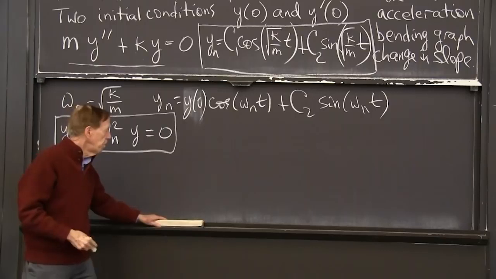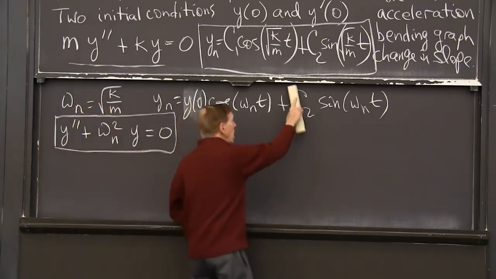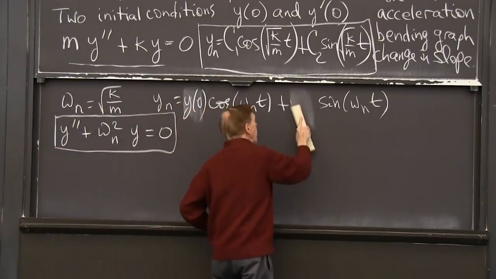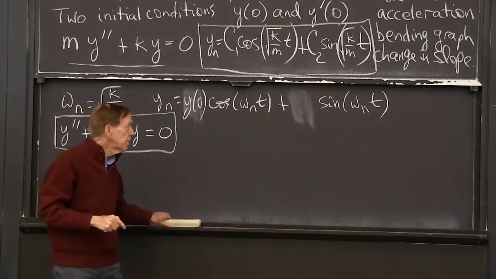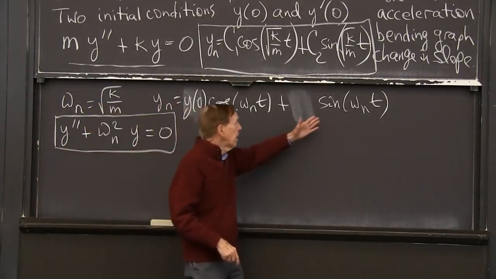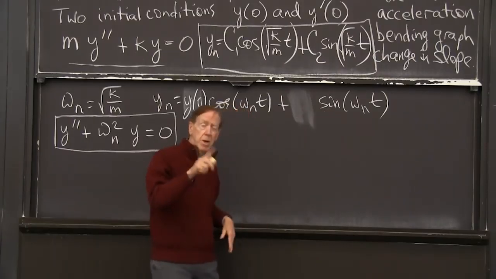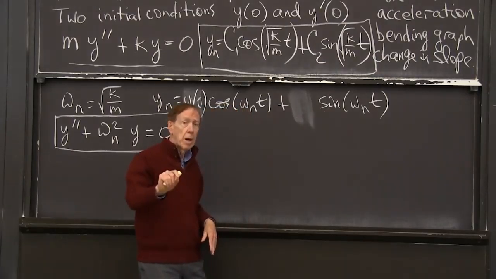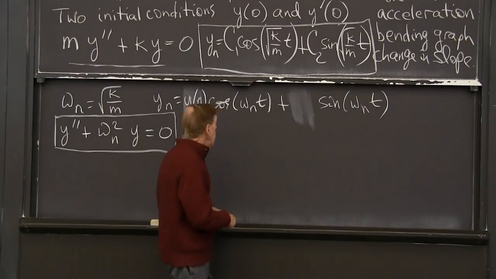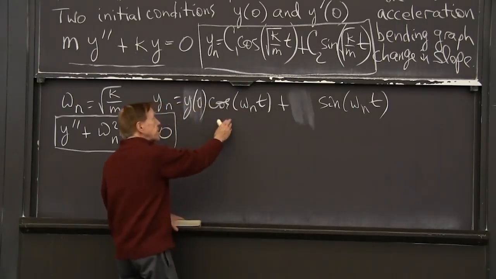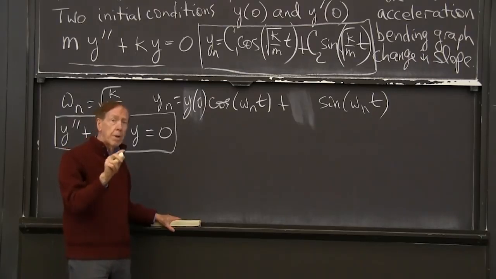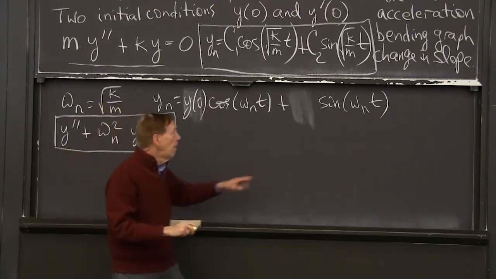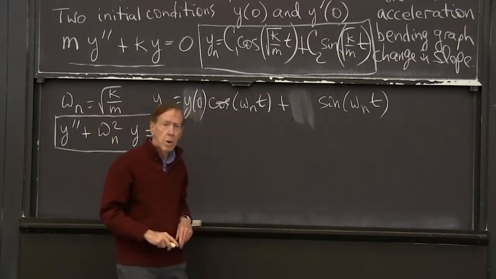And what about C2? Can I figure out C2? Well, that's going to involve the initial velocity, the derivative at t equals 0. So because the derivative of the sine is the cosine, which equals 1 at t equals 0, the derivative of this is the sine, which is 0. So when I'm looking at y prime, the derivative, I'm looking here at t equals 0.